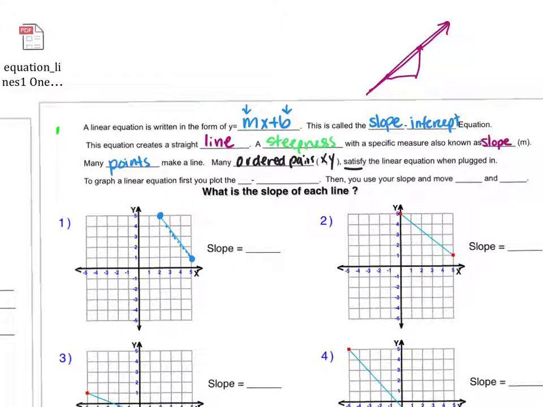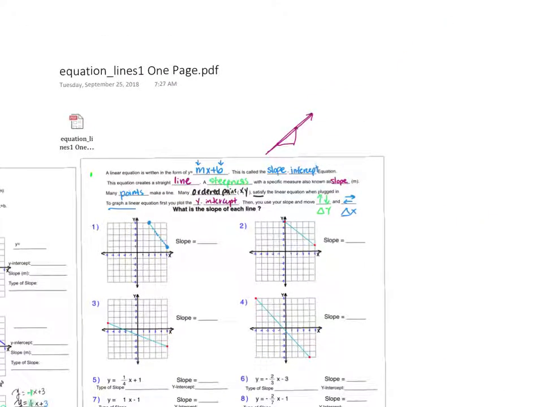So to graph a linear equation, first you plot the y-intercept. Then you use your slope to move up or down, which is called your change in y, or left or right, which is called your change in x. Okay, and when you put your change in y over your change in x, that's called your slope.